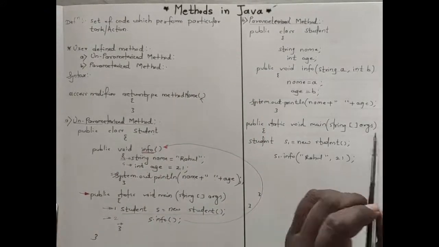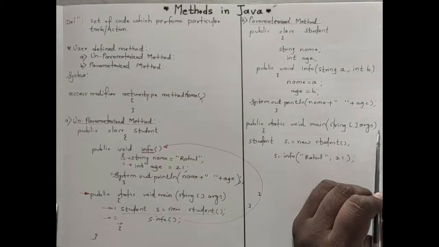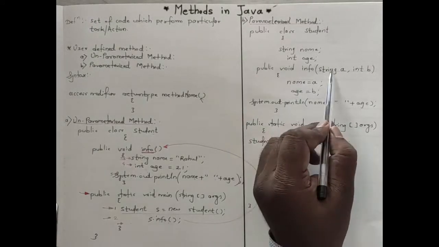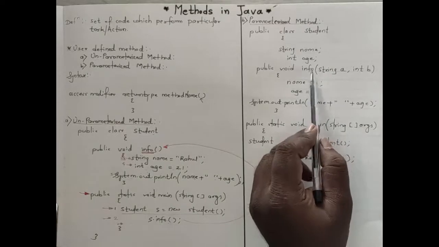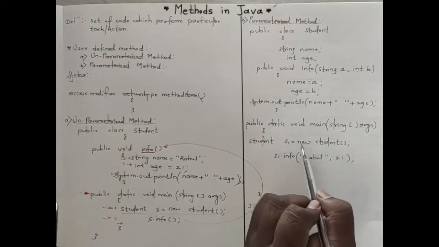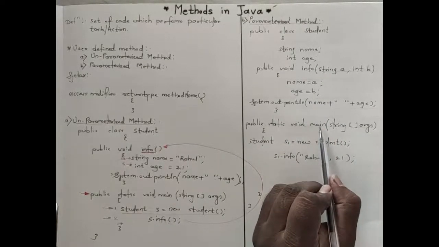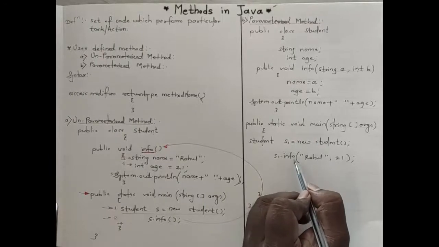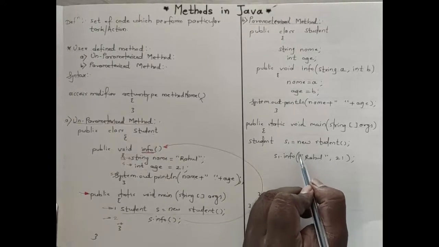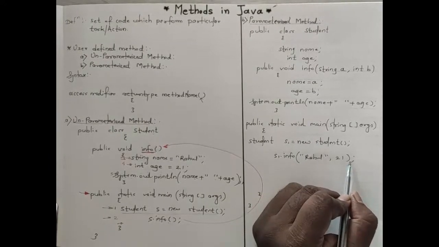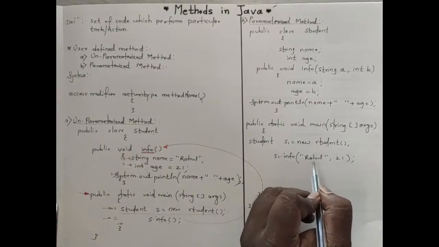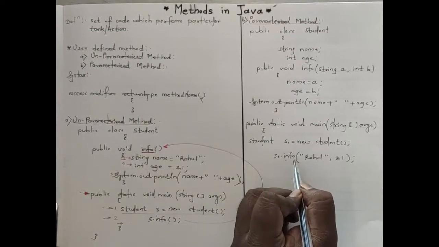Okay, observe here we have a user defined method, and to call that method we created an object inside the main method. So it is called using a method in which we are passing parameters. Okay, so info is the name of the method.